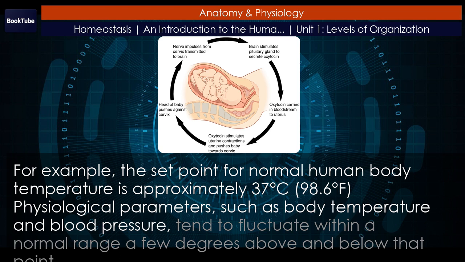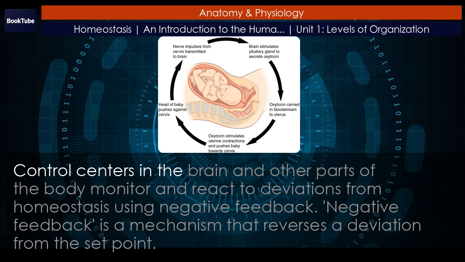Physiological parameters, such as body temperature and blood pressure, tend to fluctuate within a normal range a few degrees above and below that point. Control centers in the brain and other parts of the body monitor and react to deviations from homeostasis using negative feedback.